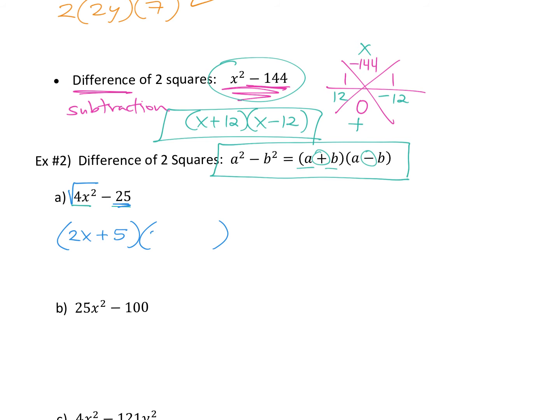One is going to be plus, the other one's going to be minus, and that is your answer. You can't write it as something squared anymore because they're always opposites of each other. One's adding, one's subtracting. So just remember, when you have a difference of squares, with just the two numbers, you should have two binomials. When you have all three of the numbers, you should only have one binomial and square it.